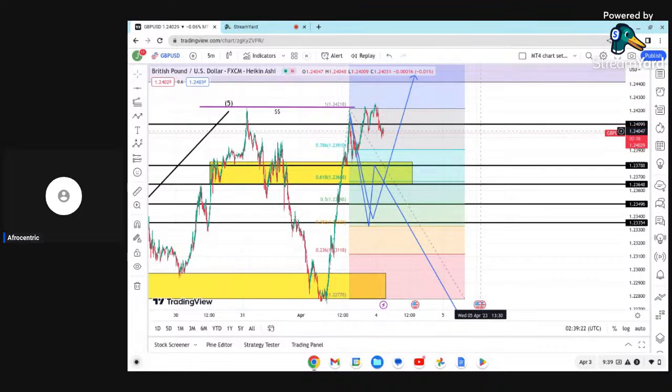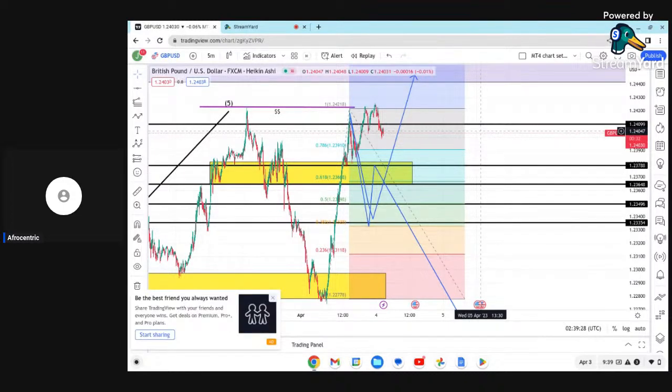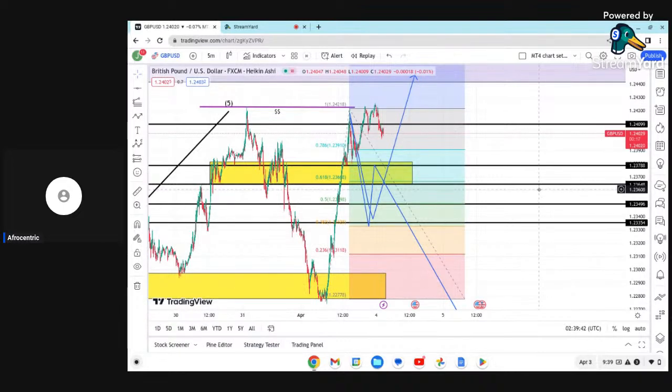Let me see something. What is gold doing?